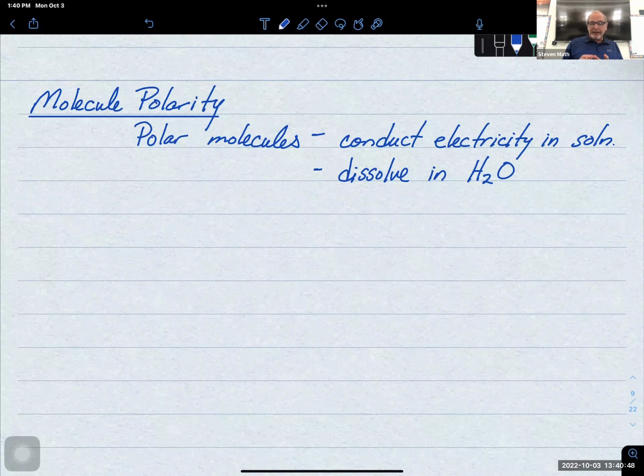The easiest thing is to say, how do we know when something is going to be ionic? Well, a molecule is ionic if it contains an ionic bond. And at that point, we're done with it. We don't even mess with anything else. We've looked at the electronegativity difference and we've said the electronegativity difference was 1.7 or greater.